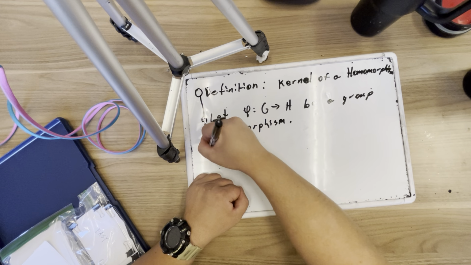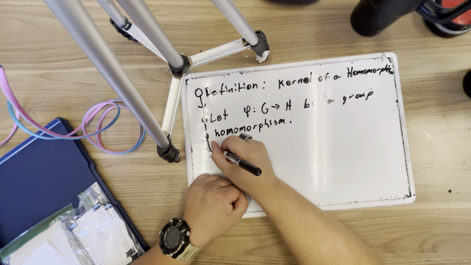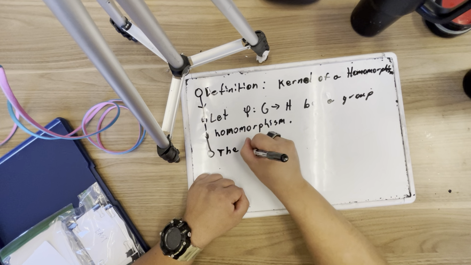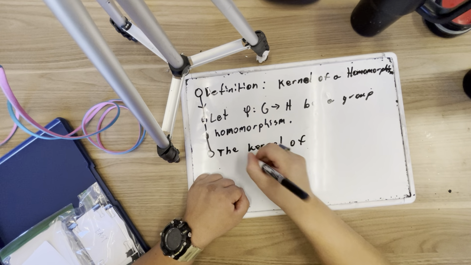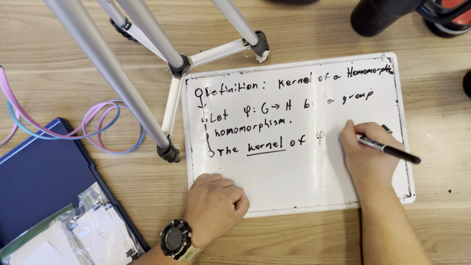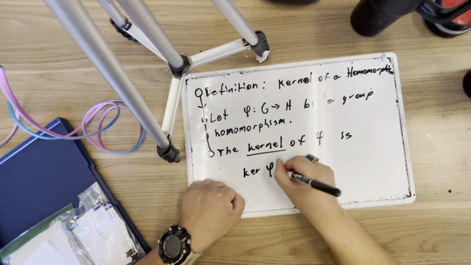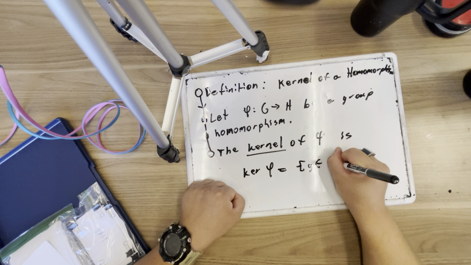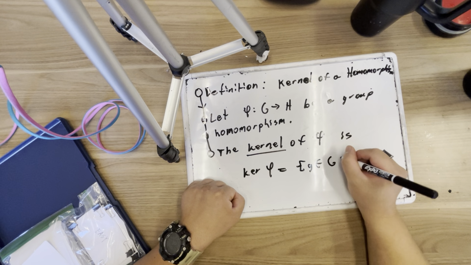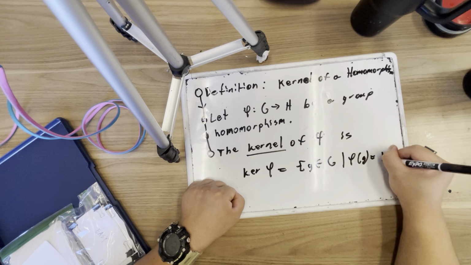Then the kernel of phi is equal to the set of g within the group G such that phi of g is equal to the identity.